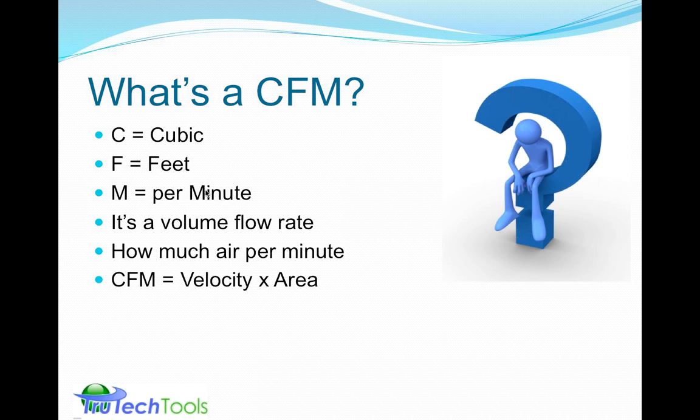How do we arrive at that level? How do we arrive at what a CFM is? It is usually done with the calculation of the speed of the air over a particular area. So it's kind of clocking the air on the racetrack as it's moving through the system. How fast is it moving? Over what area? Those two multiplied together, velocity times the area, the cross-sectional area, will give you the cubic feet per minute.